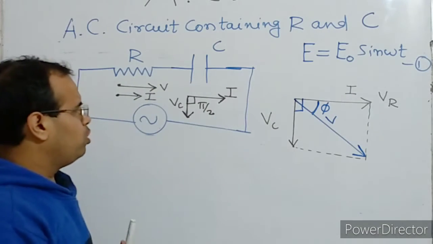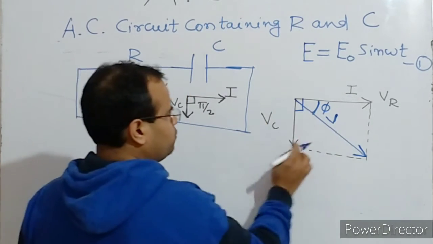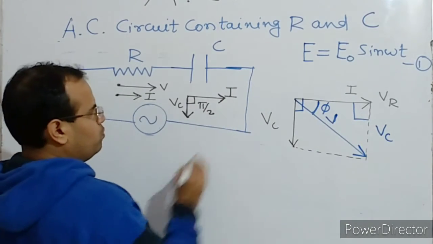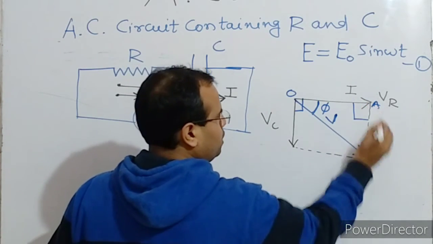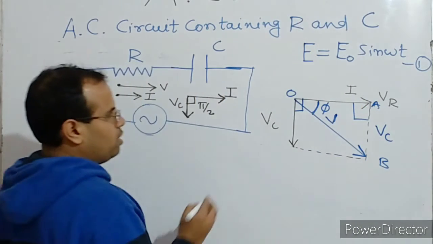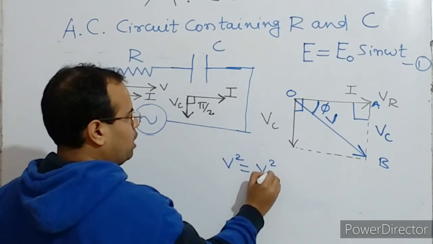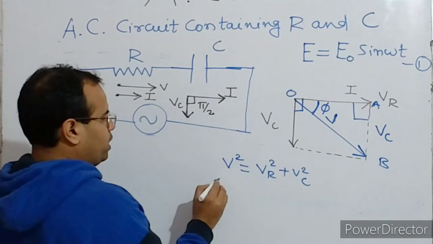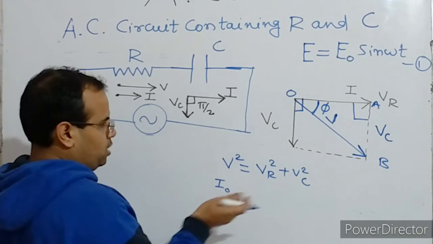If we want to find the resultant V here, how can we do that? If this is VC, then this has to be VC, and this angle is 90 degrees. Suppose O, A and B form the triangle, so we can write V squared equals VR squared plus VC squared. V squared can be written as I naught Z squared, because Z is the impedance.